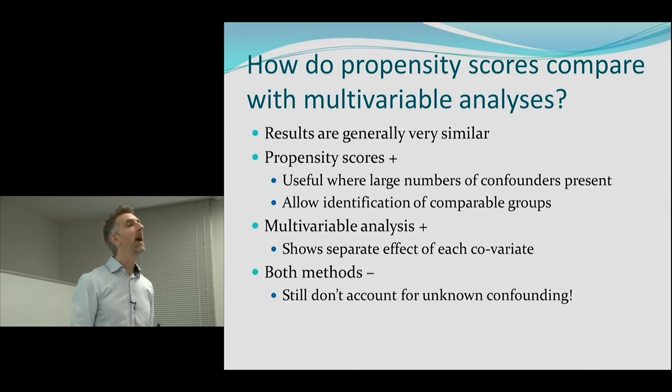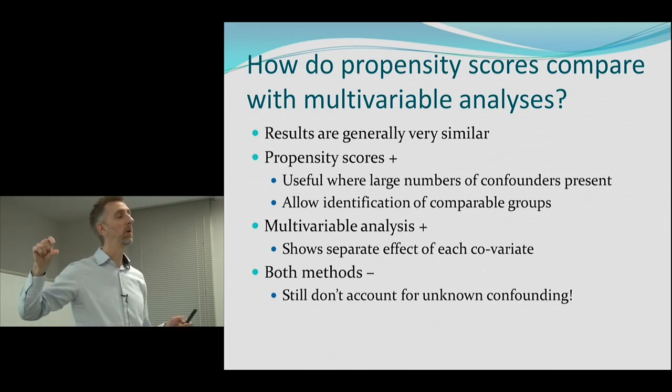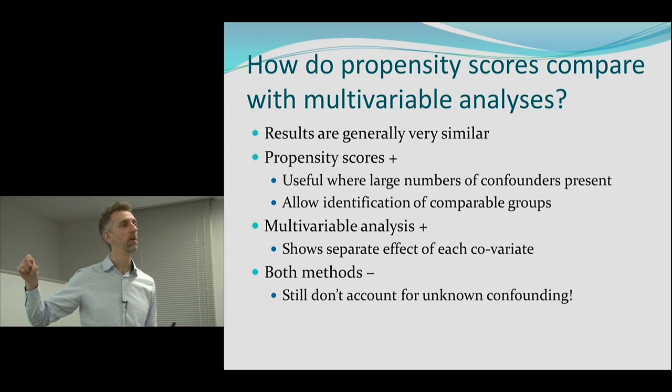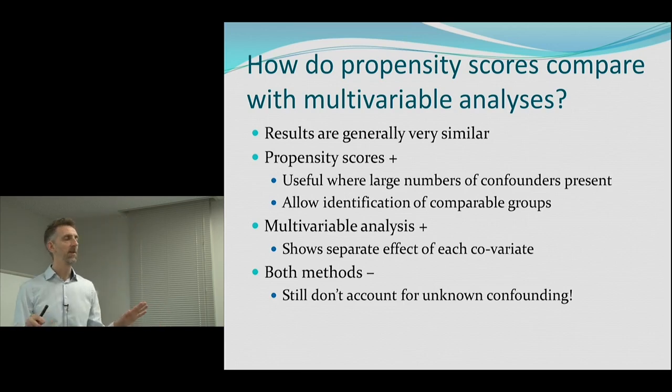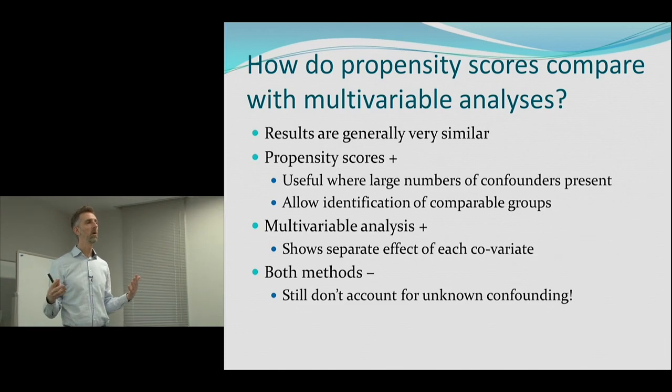Yeah, potentially. It depends very heavily on what you put in your propensity score model. That's a really important factor. So they're not magic. You'll hear some people talk about them as though we must only ever use them because they're so much better than multivariable. I don't believe that.